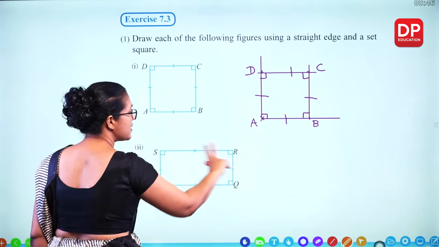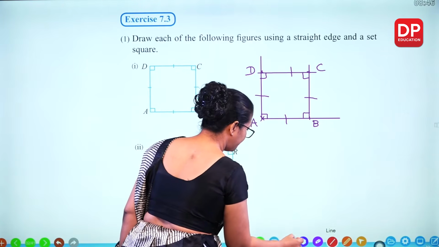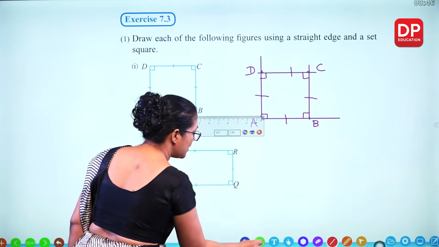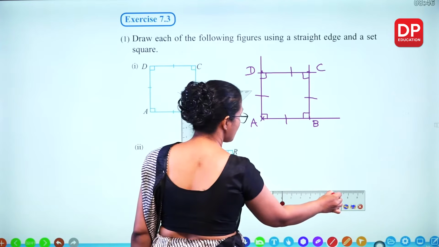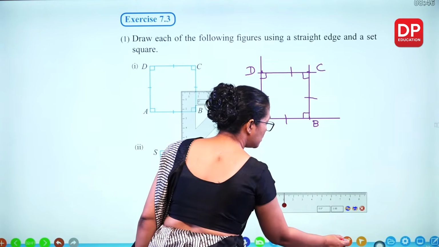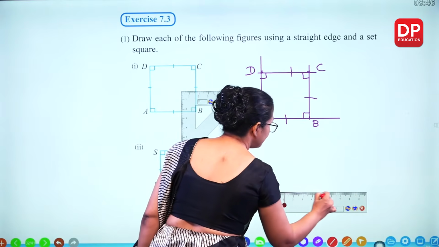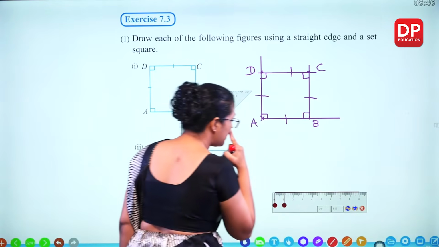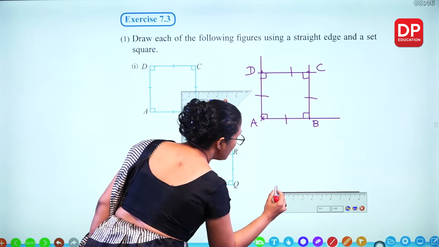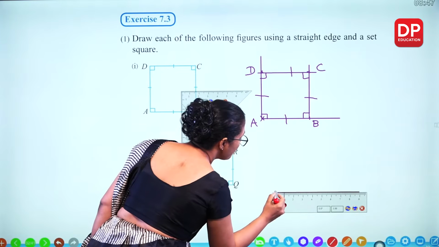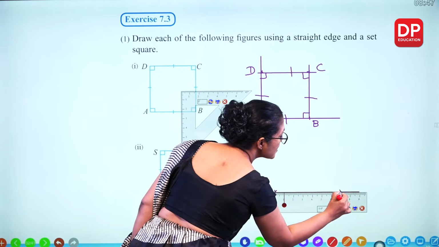So these opposite lengths are equal. So take the ruler and the set square. First draw a line and we'll take PQ as any measurement, 7 centimeter like. So I can mark this point P and 7 centimeters from here.